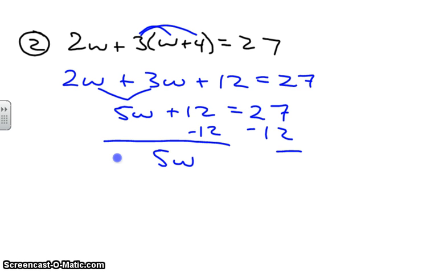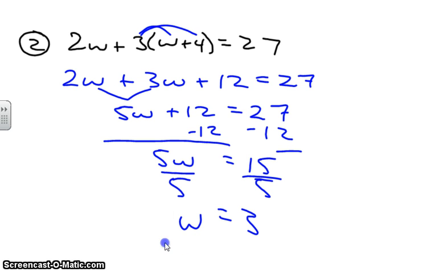And 5w equals 15. And we can see we need to divide by 5. So w equals 3. Let's check this out in the original. 2 times 3, 6, plus 3 plus 4, 7. 3 times 7, 21. 6 plus 21 is 27.